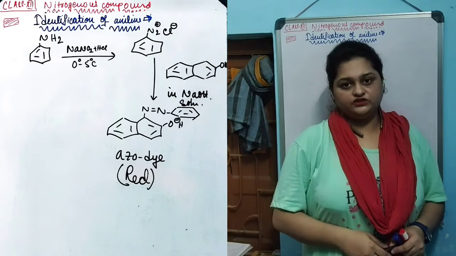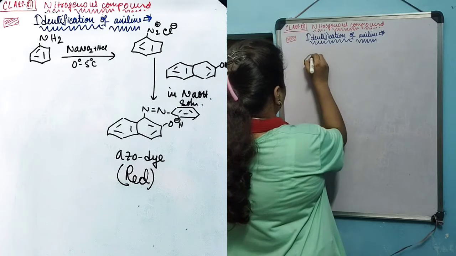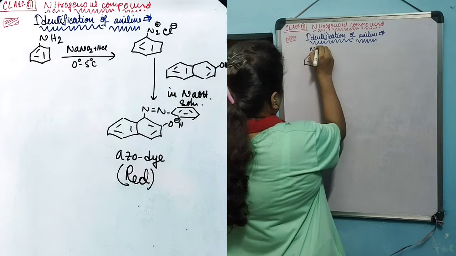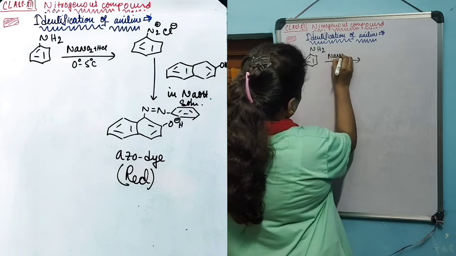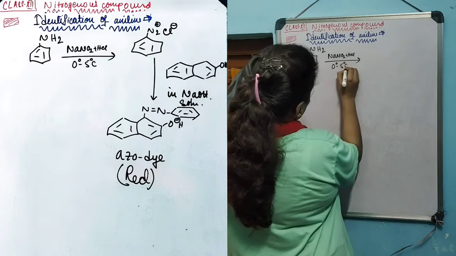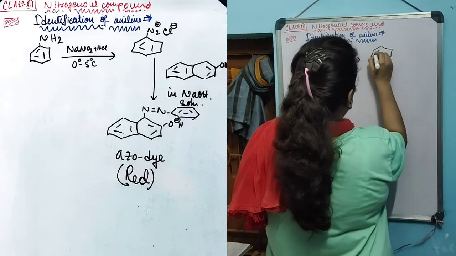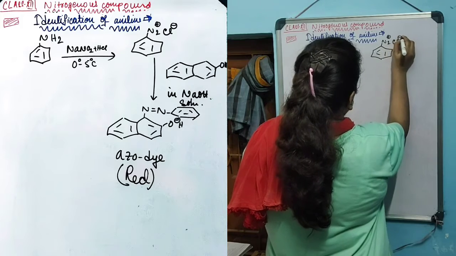Aniline is identified with the help of the azo dye test. When aniline is treated with NaNO2 and dilute HCl at 0 to 5 degrees Celsius, benzene diazonium salt is produced.